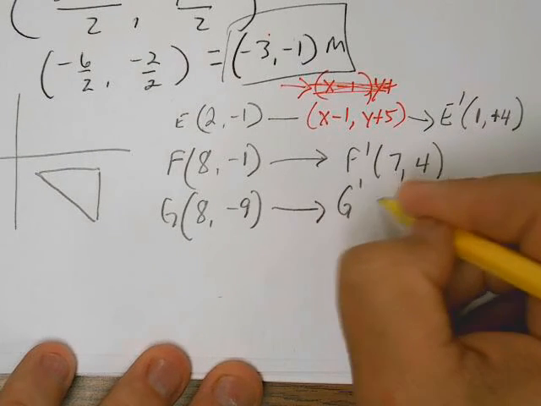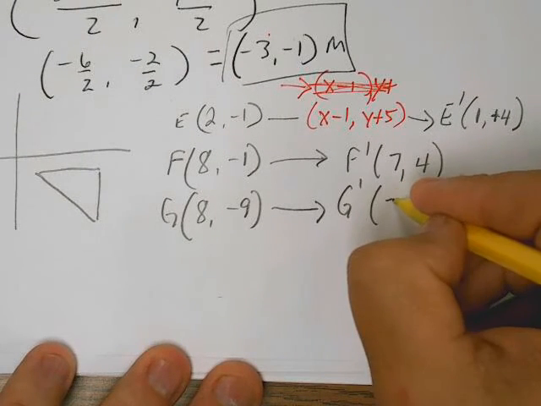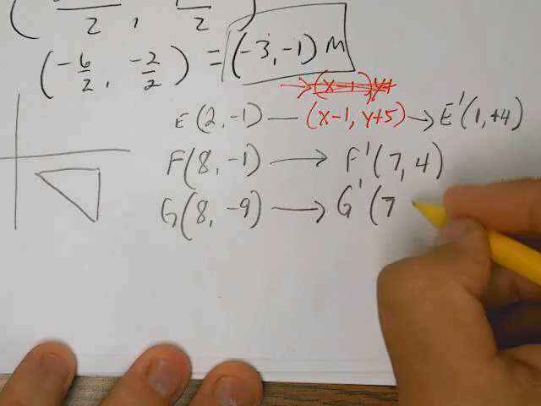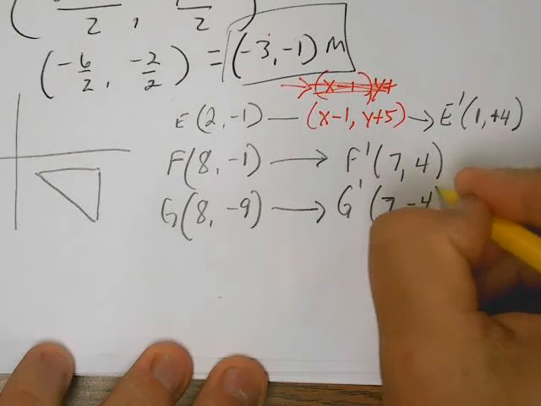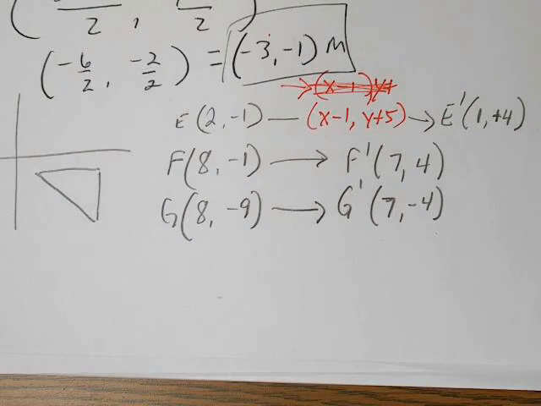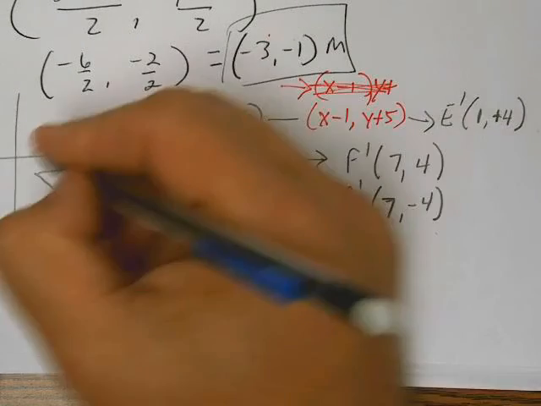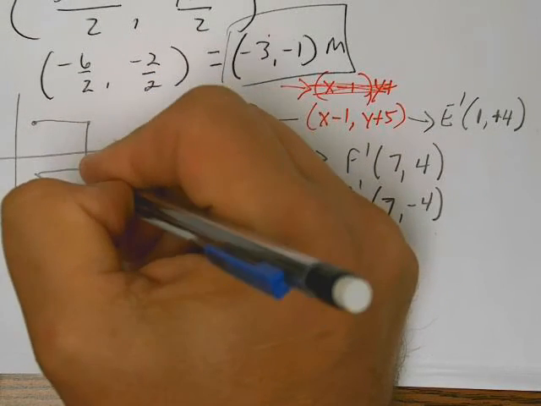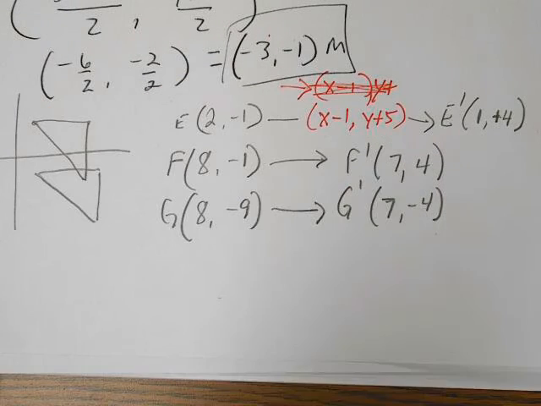Do the same thing for G prime: 8 minus 1 is 7, -9 plus 5 is -4. So that's going to be about here. Approximately.